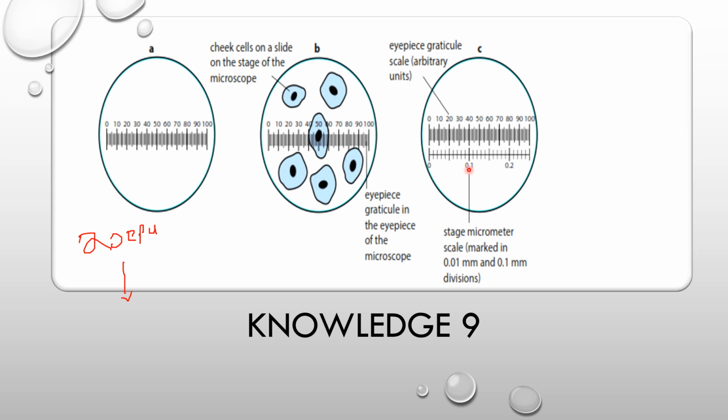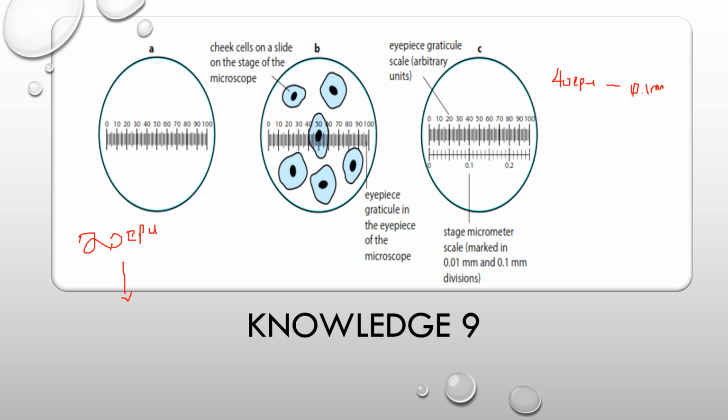Once you get that overlap, remember that in calibration we want to find the value for one eyepiece graticle division. So 40 eyepiece units, EPU, equals 0.1 millimeters of the stage micrometer.